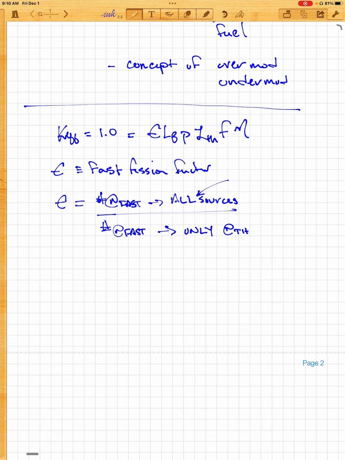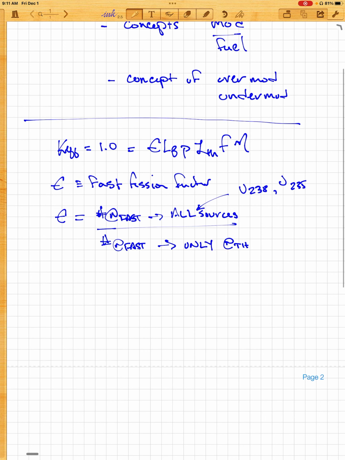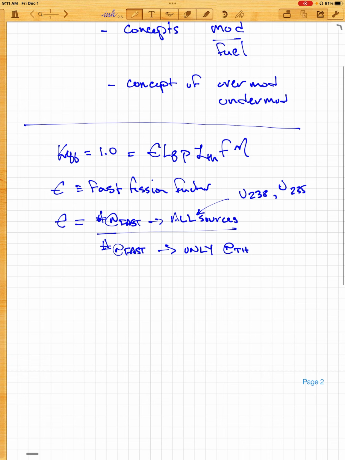So in a reactor we have fissile and fissionable materials. We have some materials like U-238 that can fast fission. In other words, fission from a fast neutron, a high energy level neutron. We also have U-235, which catches and fissions from a thermalized neutron.